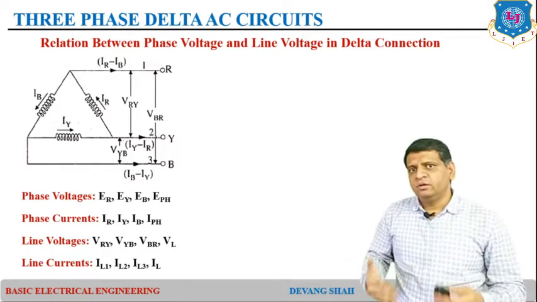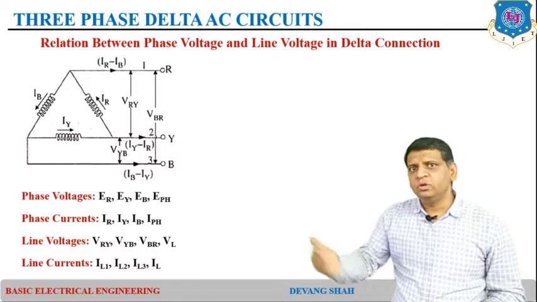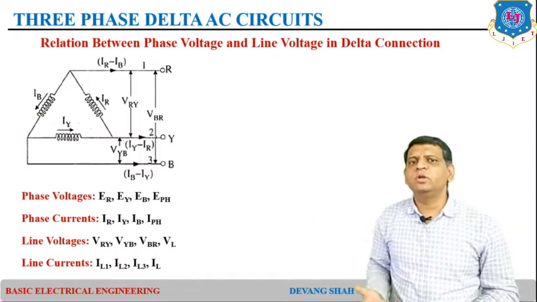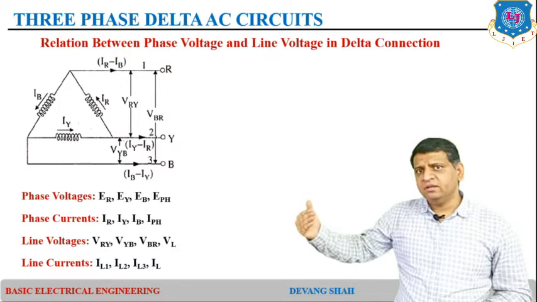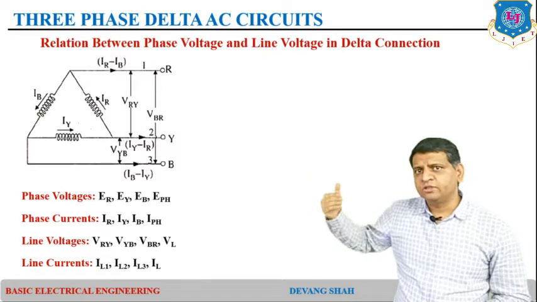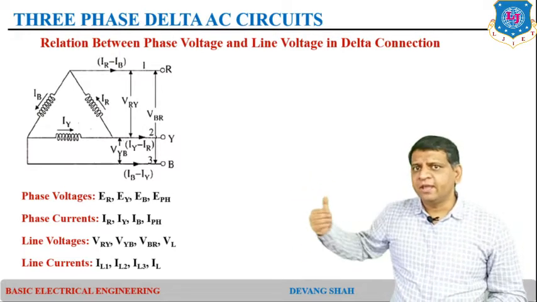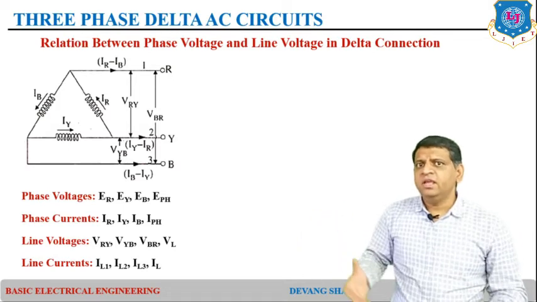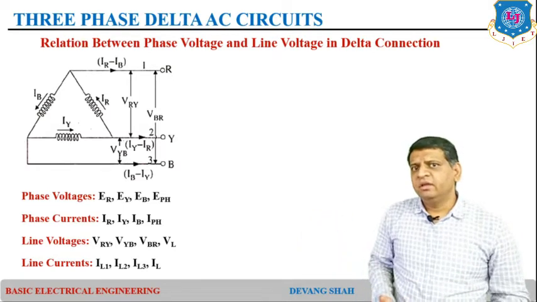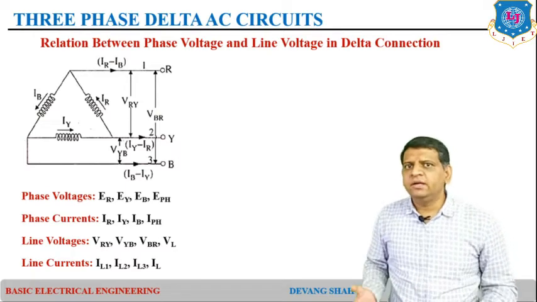Here the line voltage is defined as the voltage between two lines, or the voltage difference between two lines, as VRY. This is nothing but the voltage difference between phase R and phase Y. So, we define VRY, VYB, VBR, and in general it is VL. In the same way, the line currents are IL1, IL2, IL3, and in general IL, right.